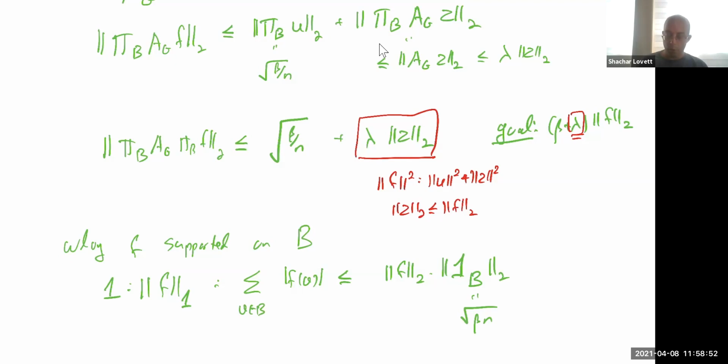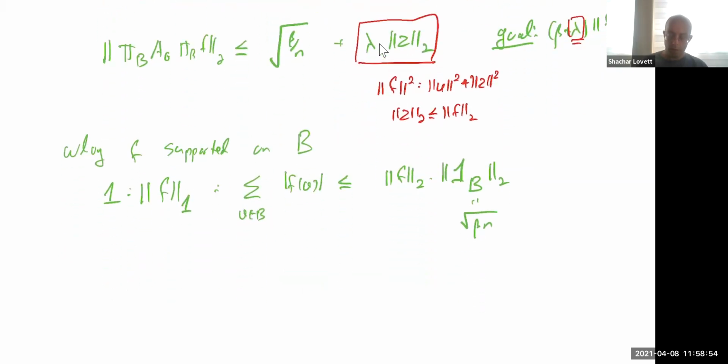So now if we just put all of this together, what did we get? We got that the L2 norm of F is greater than 1 over root beta n, right?